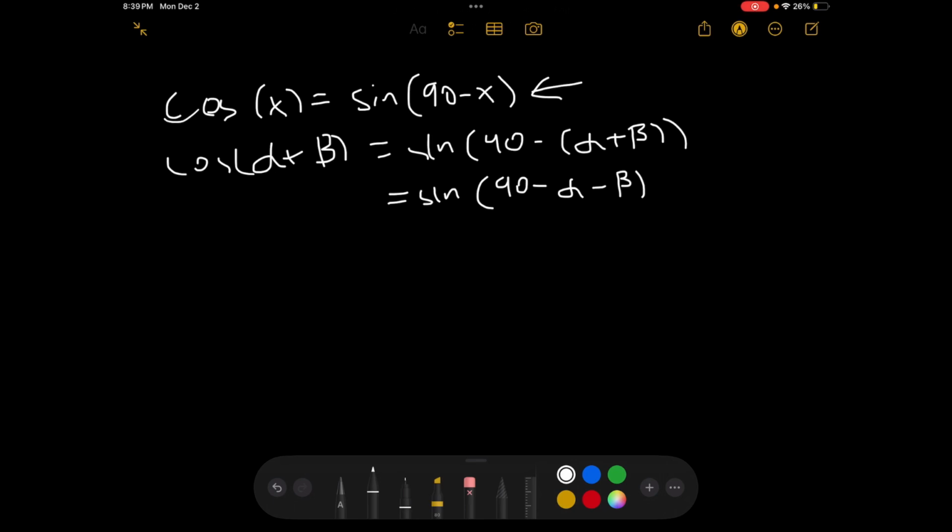So we rewrite this as difference of two angles, which is an angle 90 minus the angle alpha minus the angle beta.